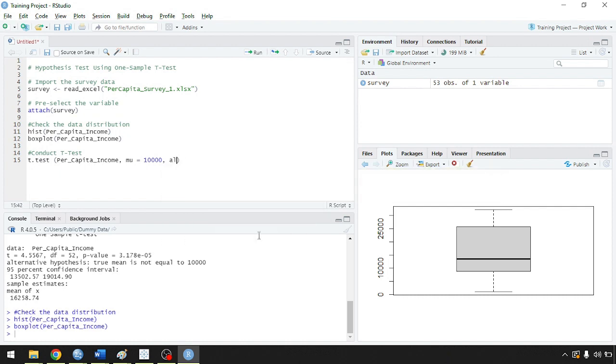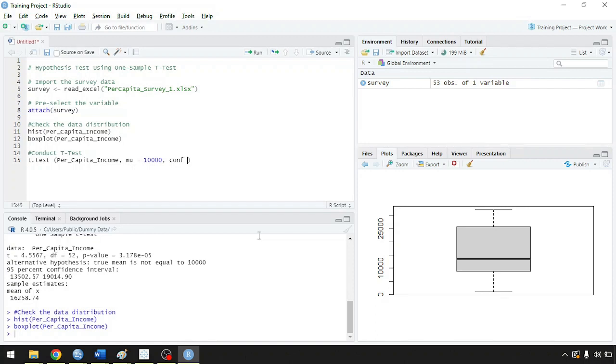We also need to put the alternative, whether we want a two-sided test or a one-sided test. Remember that R by default performs a two-sided test. So even if we don't put this, by default it will accept it as two-sided, so we won't add that part of the script in there.